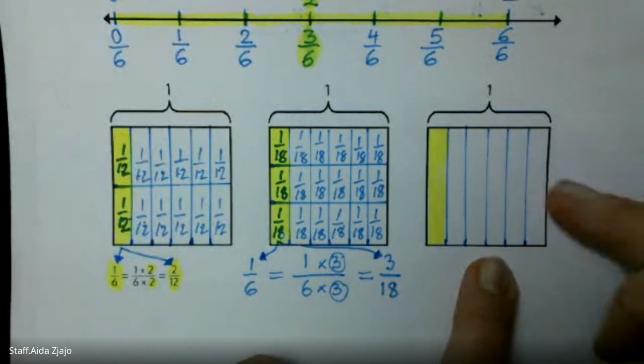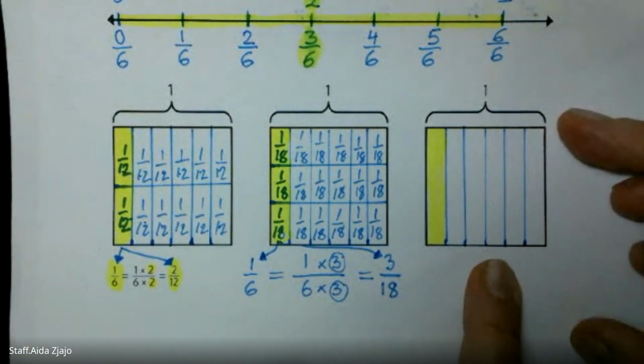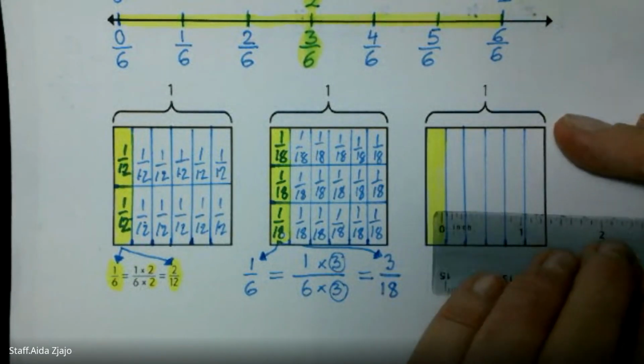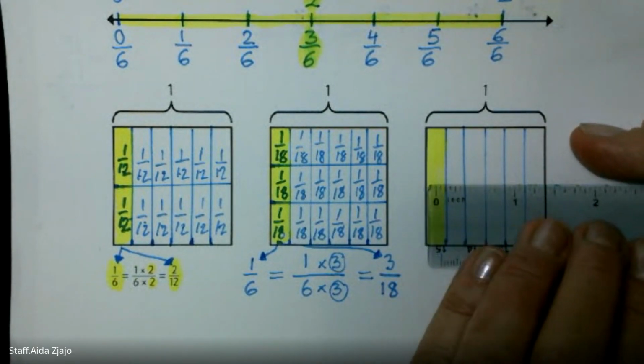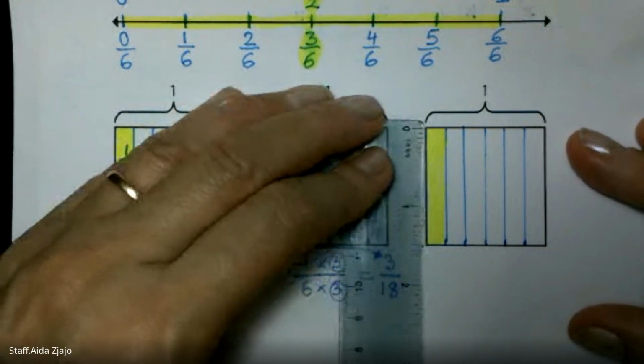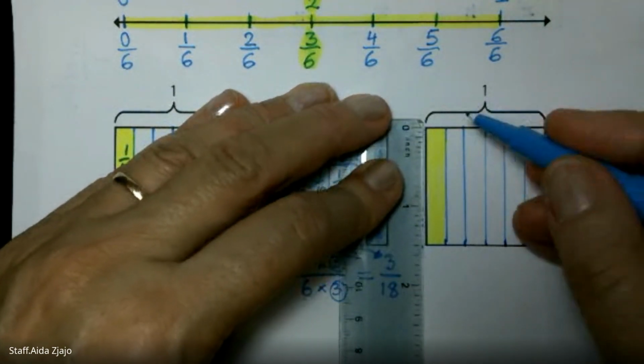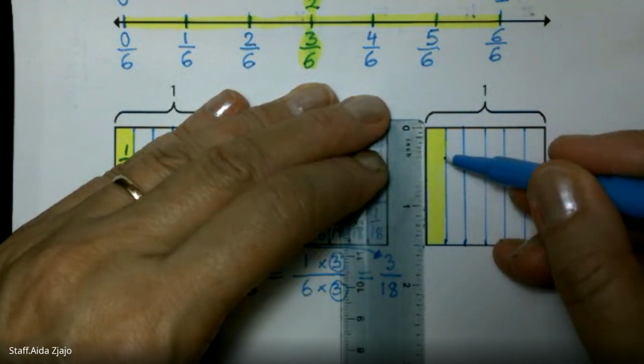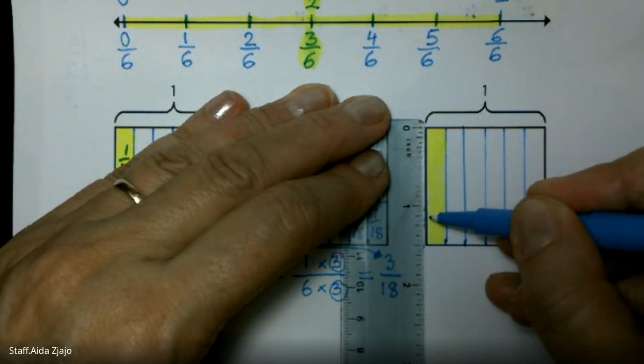If I would like to make 1/24, I will cut this shape now into 4 equivalent pieces. So I will cut in half, and then each half will be cut in half again.